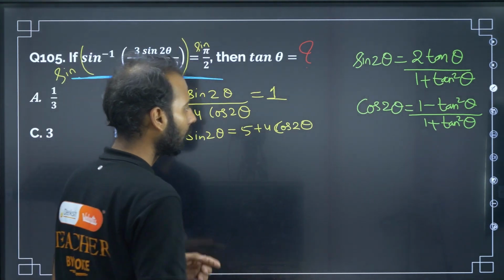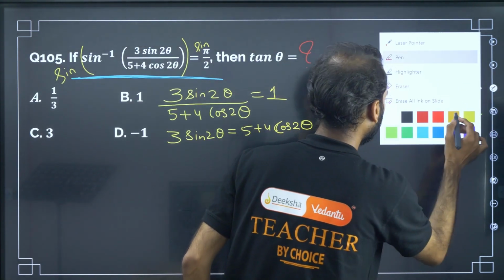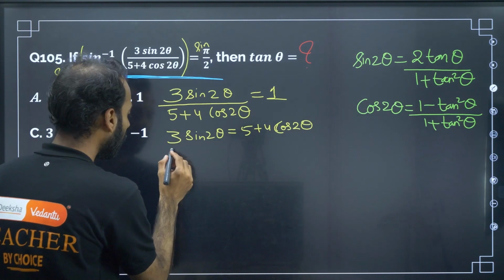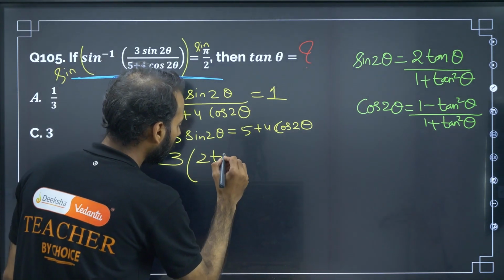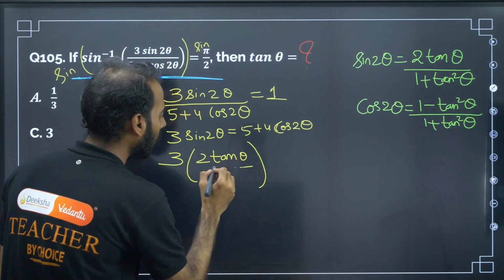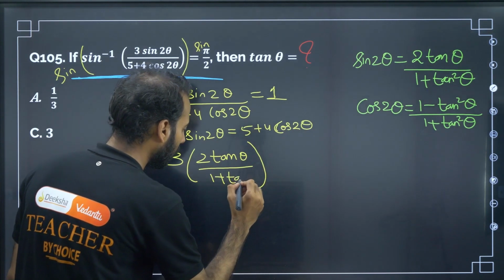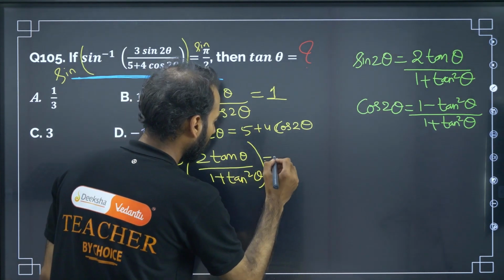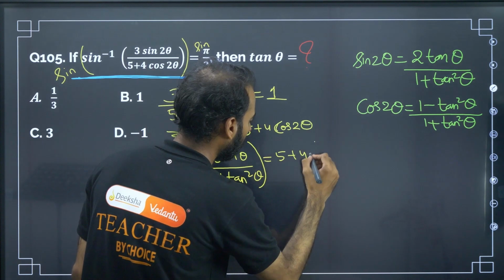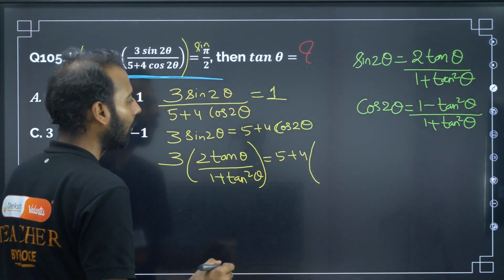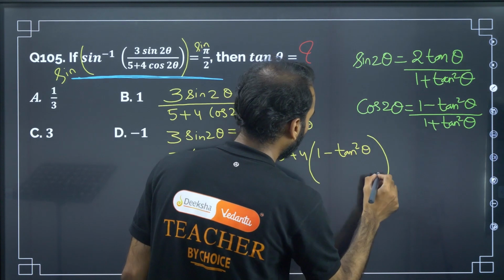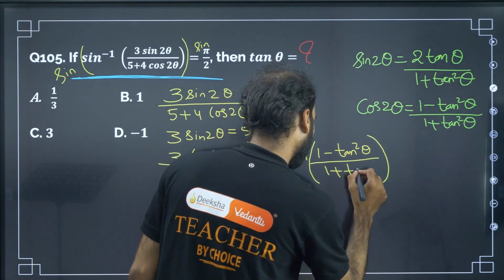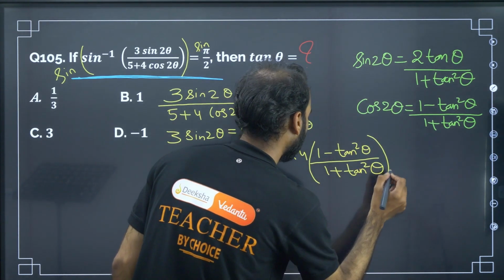Now for this, if I use this, 3 sin 2 theta, 2 tan theta by 1 plus tan square theta, is equal to 5 plus 4 times 1 minus tan square theta by 1 plus tan square theta.